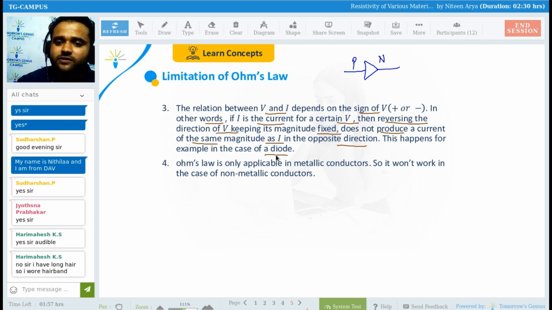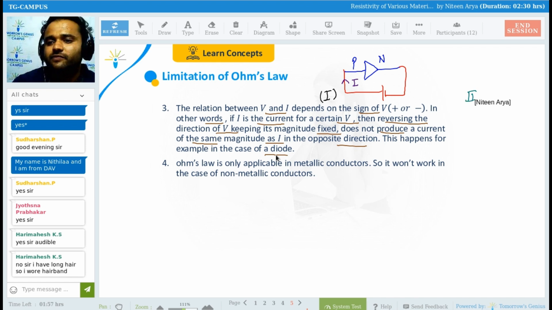Now, what is written in this diagram? This is your positive, this is your negative, right? So this is your case number 1, and this is then going to be the current. In case number 2, if I am just reversing the direction of your battery voltage terminal, this now becomes negative, this is positive.